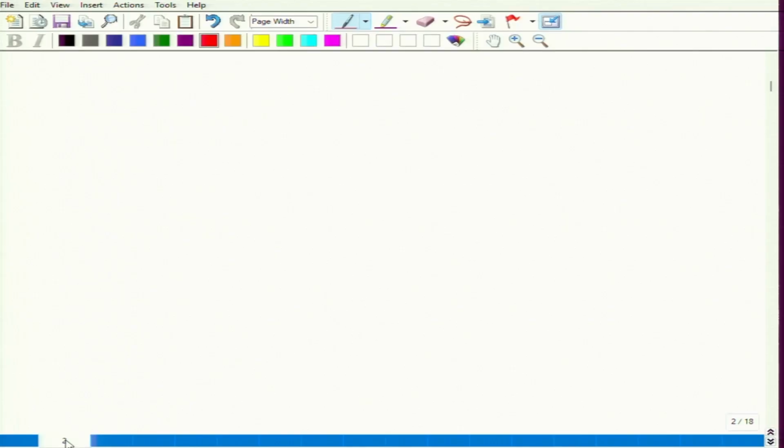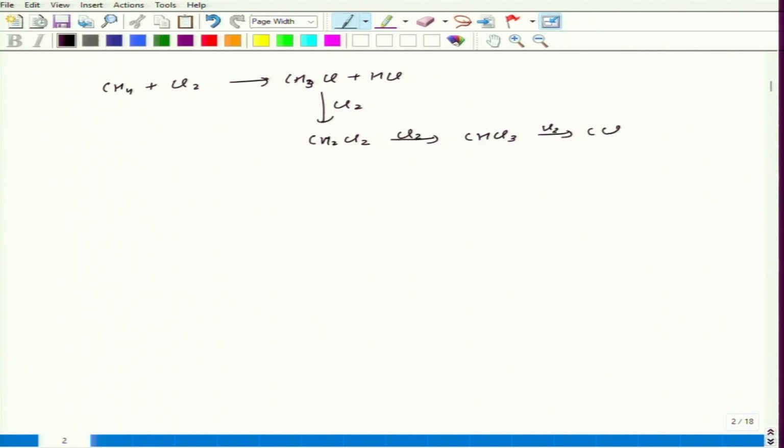However, there is one more thing to keep in mind, that this reaction is not controllable. What that means is, the reaction does not stop at CH3Cl. It can further react with Cl2 and form CH2Cl2, which can further react with Cl2 to form CHCl3 and further CCl4.